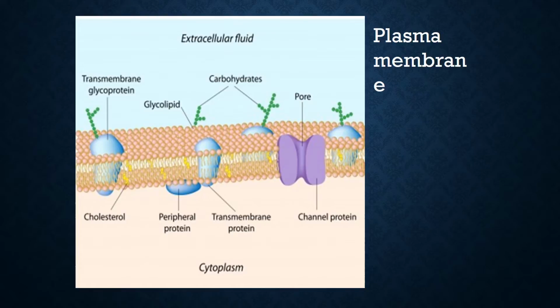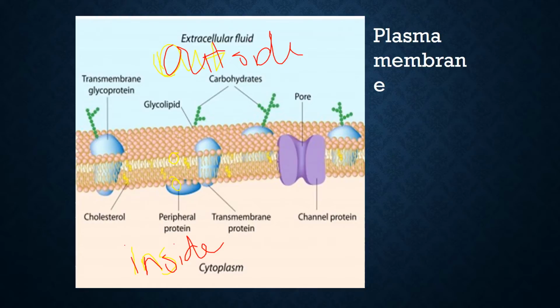Now the plasma membrane of the cell has a phospholipid bilayer. If you remember, the phosphate heads of the phospholipid are going to be exposed to the outside of the cell as well as the inside. Okay, and again, that's because they are hydrophilic.